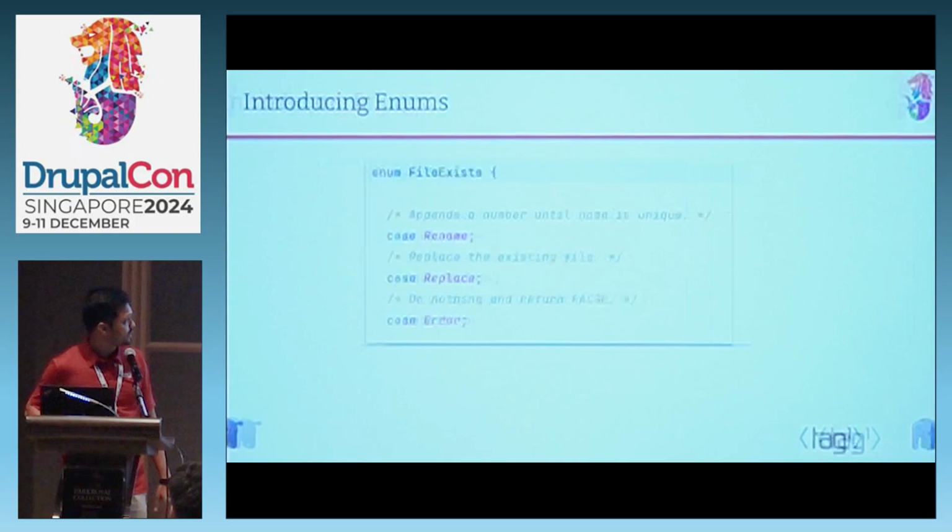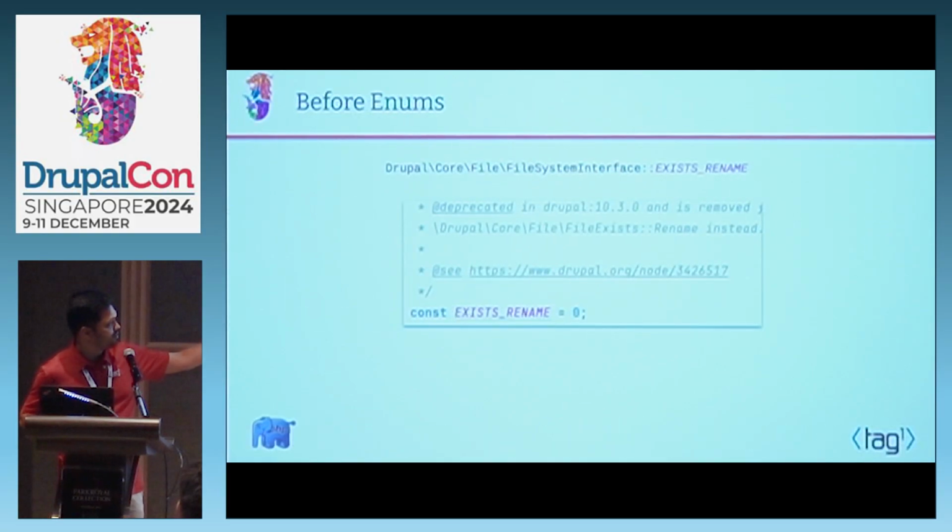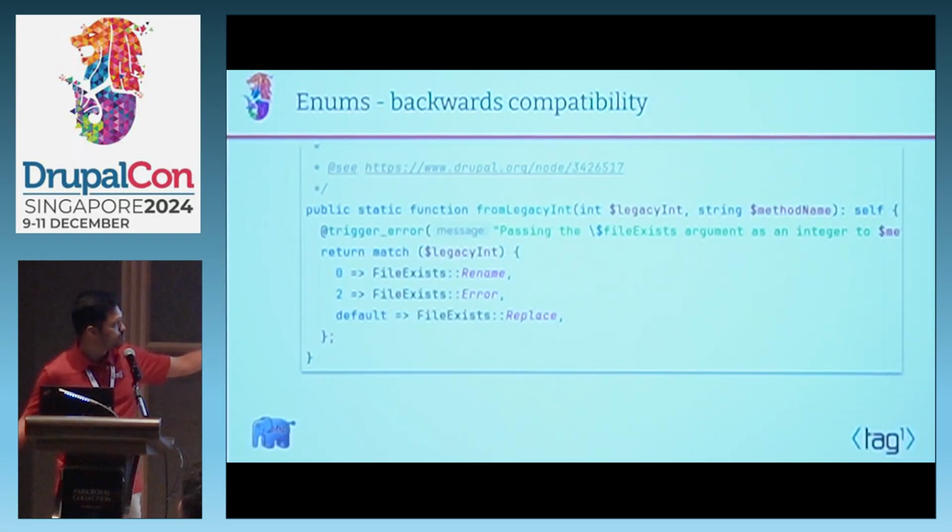So going back, the value of the constant was an integer here. So this 0 means rename. What it does is, you can see it adds a match function, and 0 is mapped to the enum's value of rename. So is the error, and the default is replace.